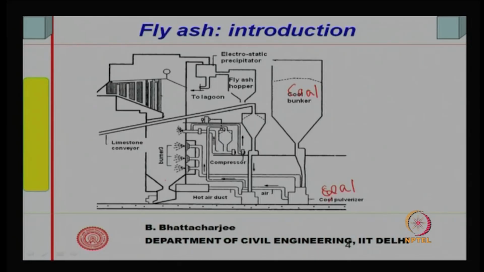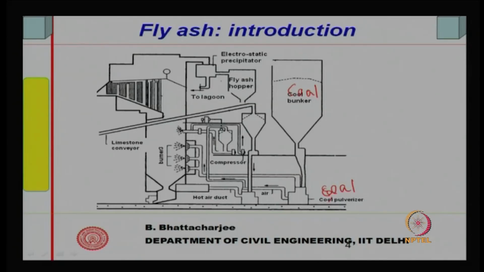Compressed air is also passed in through this, and this is put into the burner. The burned gases will pass through the electrostatic precipitators and finally, the ash is collected from the electrostatic precipitator.